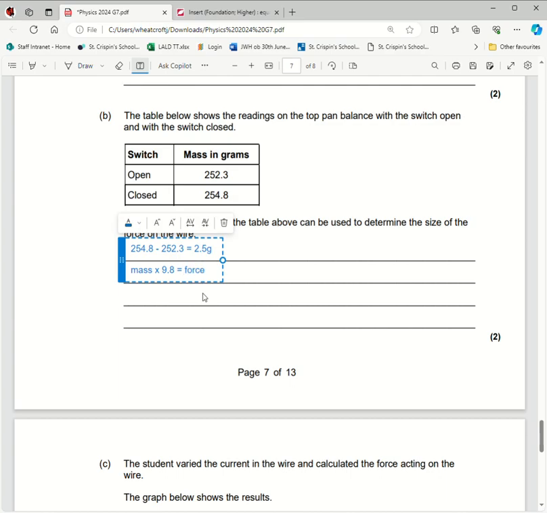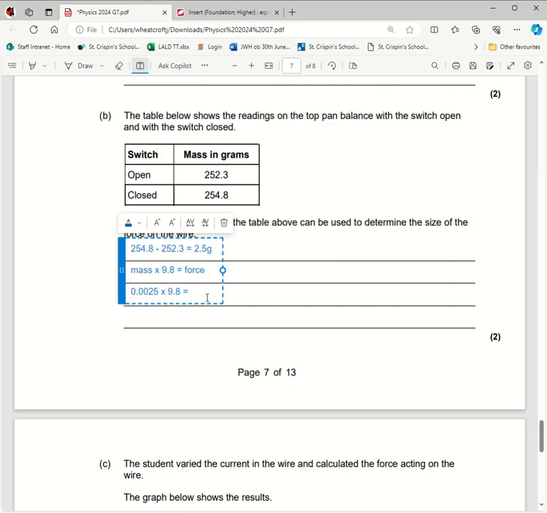Now, my mass is 2.5 grams. The problem is that this is in grams, and mass is normally measured in kilograms. So 2.5 grams is actually 2.5 over 1,000, so 0.0025 times 9.8.